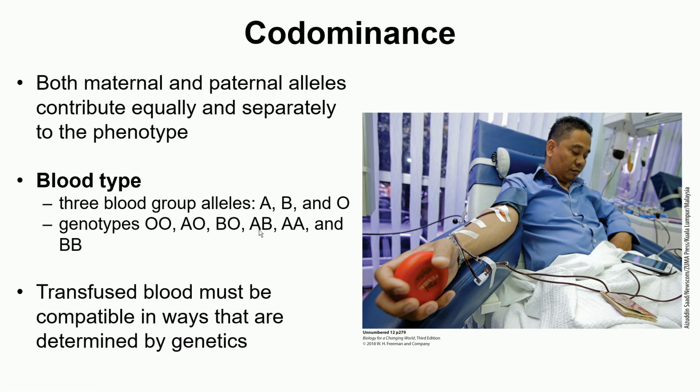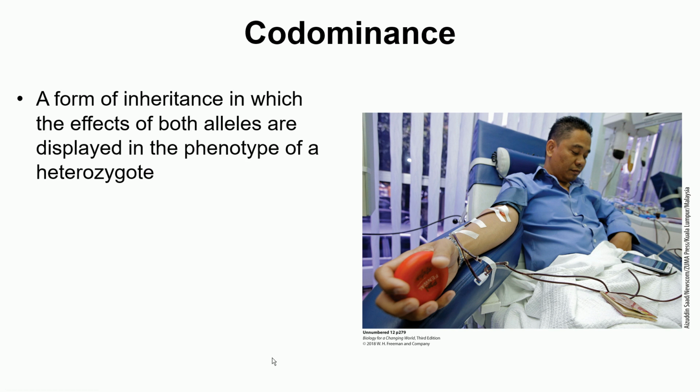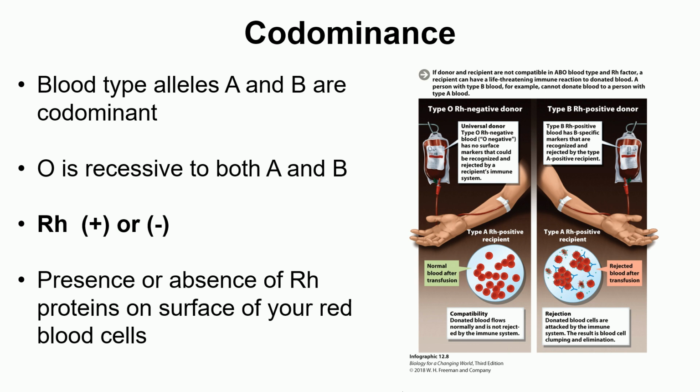One allele is A, another is B, and in this case A and B both express themselves. So it's not that A is dominant or B is recessive. This is called codominance: a form of inheritance in which the effects of both alleles are displayed in the phenotype of a heterozygote.